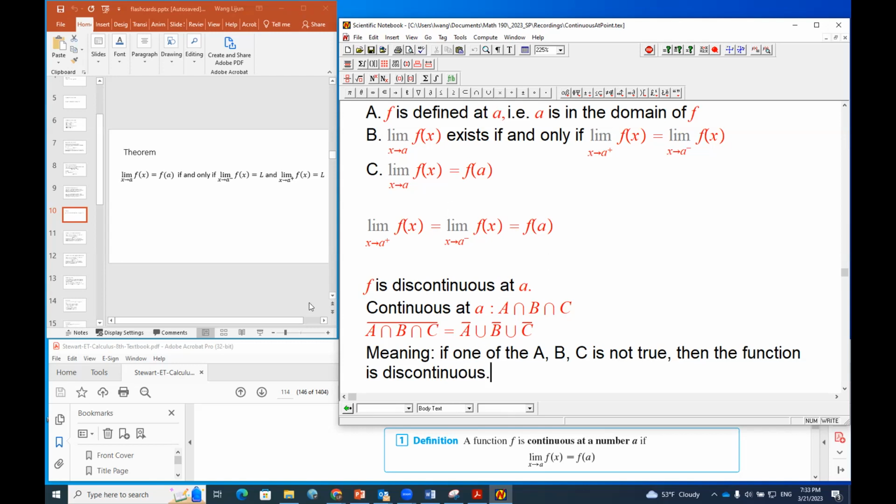Okay, so not continuous. We just have to say if we see one of the conditions is not satisfied, then the function is discontinuous at the point.